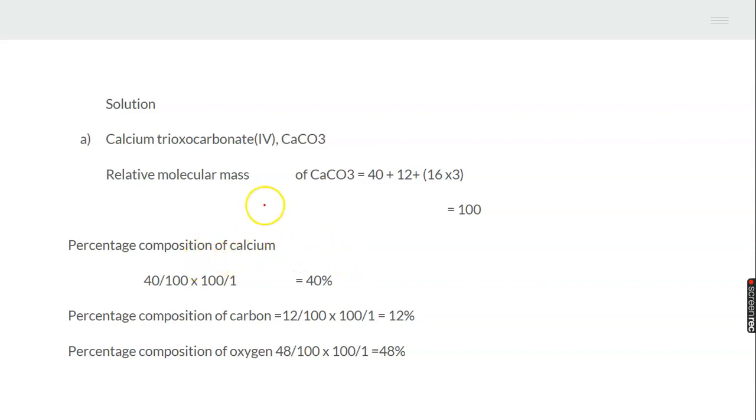When you want to calculate the percentage composition of calcium in this compound, it will be the relative atomic mass of calcium divided by the overall relative molecular mass, times 100. So for calcium, it's 40 divided by 100, times 100, which gives you 40%. You try the same for carbon and oxygen. If you look at the 3, 40 plus 12 plus 48, that's 100%. So try sodium hydroxide and let me know what you get.